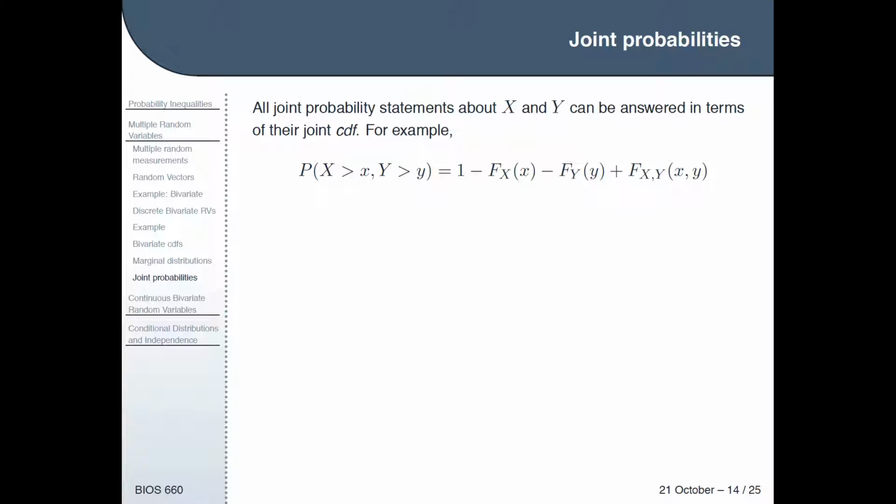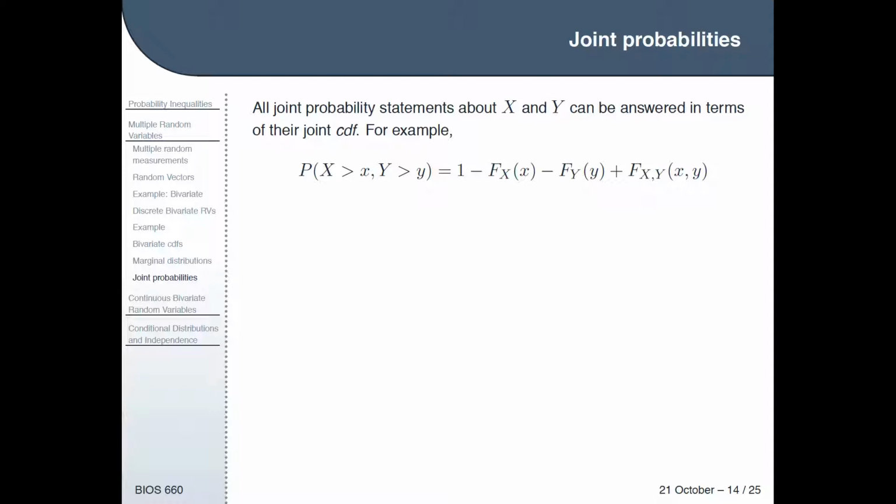For example, if you want to find the probability that X is greater than x and Y is greater than y, you might need to draw a picture to convince yourself of this. But if you do the math, you can show that it's equal to 1 minus big F of x minus big F of y plus the joint CDF evaluated at x and y.